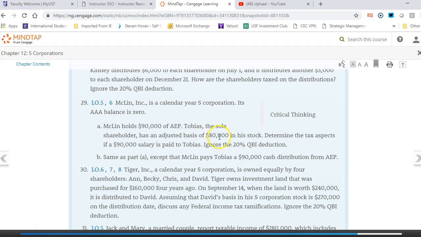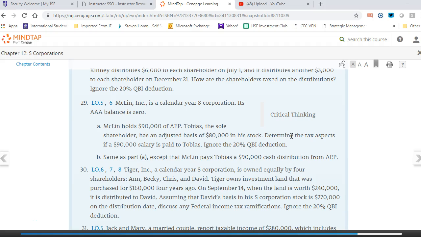Tobias recognizes ordinary income because it's salary, right? So he's going to treat that just like ordinary income and pay whatever his normal individual tax rate is. Because that was salary, McGlynn, the company, is going to incur that much more expense.